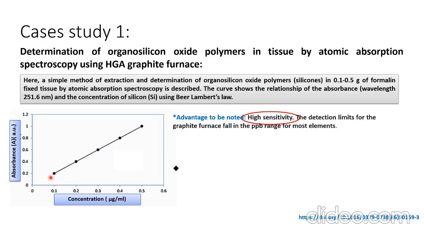The advantage of this is that it has very high sensitivity. The detection limit can be up to 0.1 microgram per ml for the concentration of organosilicon oxide. So you see, 0.1 microgram per ml can be detected with the help of this AAS spectroscopy.